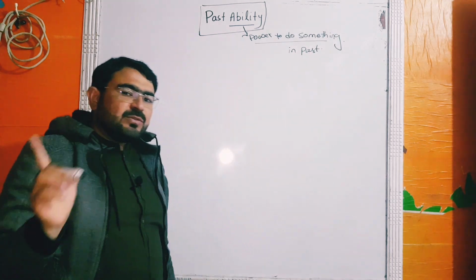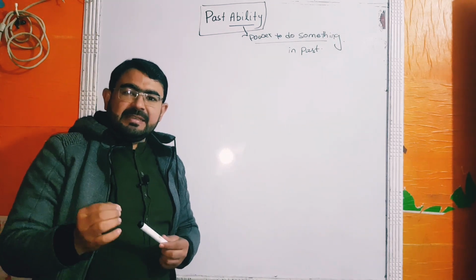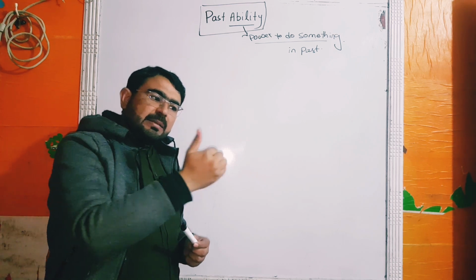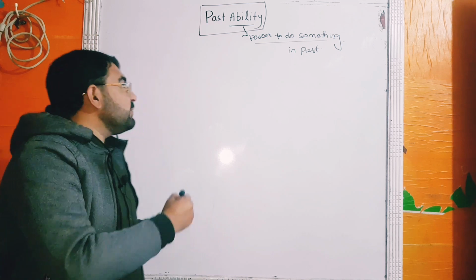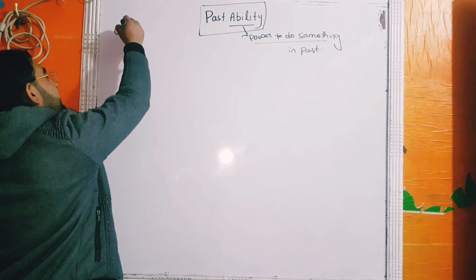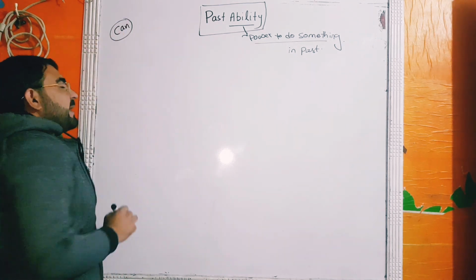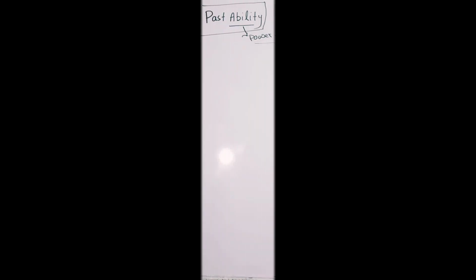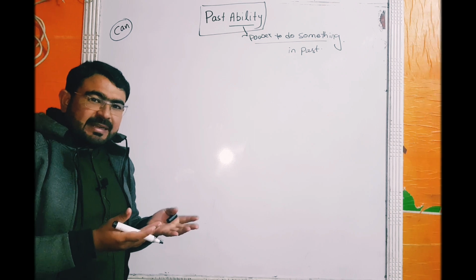As in the last video lecture we have done present ability. Present ability means the ability of something in present time, and for that we use can. Can was the modal verb for present ability. Today our unit is past ability.